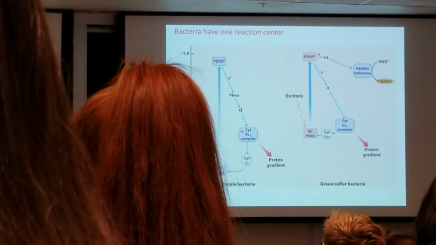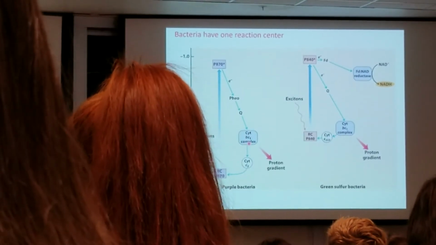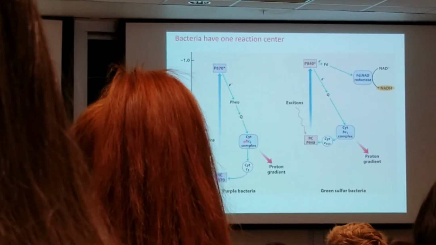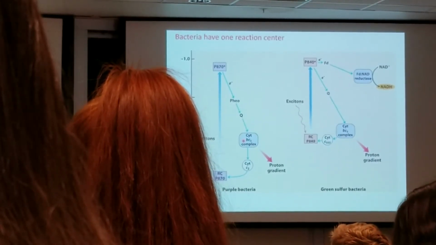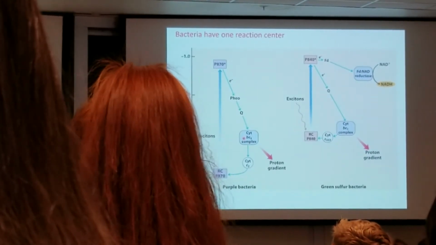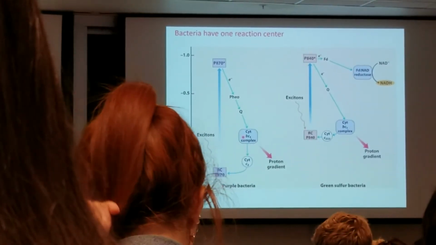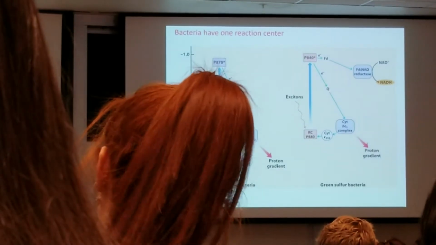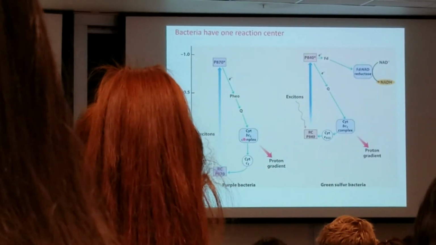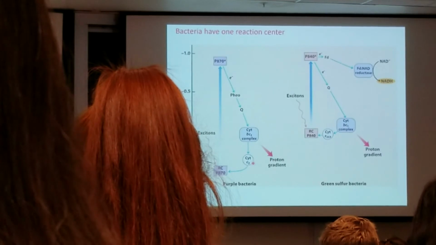Then it goes to a cytochrome bc1 complex. Okay, that's a lot of verbiage for something that looks like the 2 chambers of complex 3 in the electron transport chain. So the electron comes into this and through a Q cycle sends an electron to cytochrome c2.